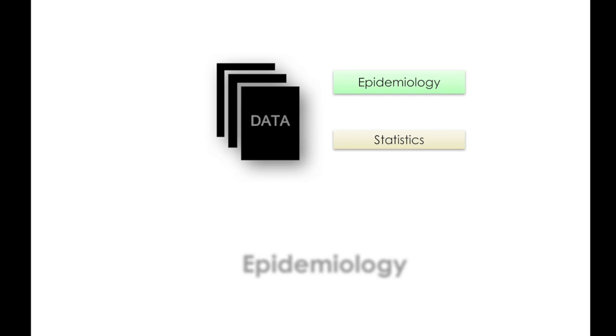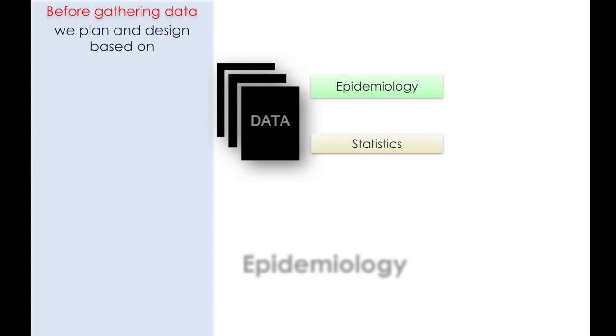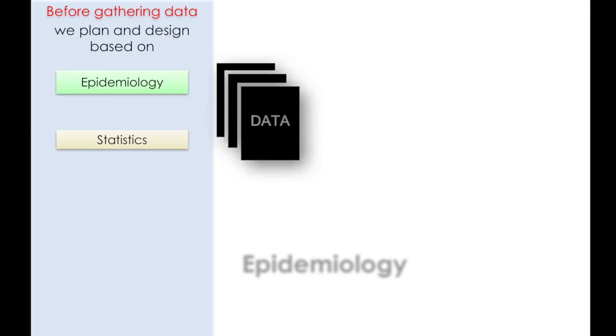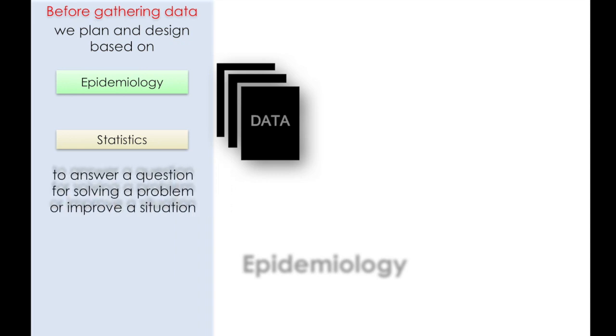We also need enough knowledge on epidemiology and statistics in advance to plan and design our study, and we either want to answer a question for solving a problem or improve a situation, and generally in research we call it the aim of the study.